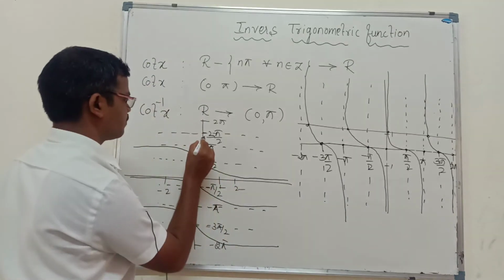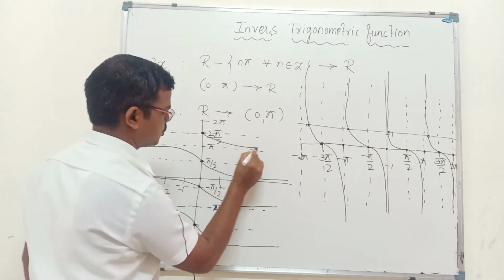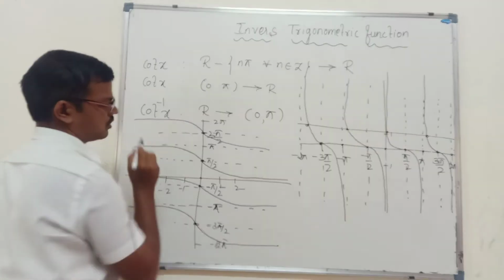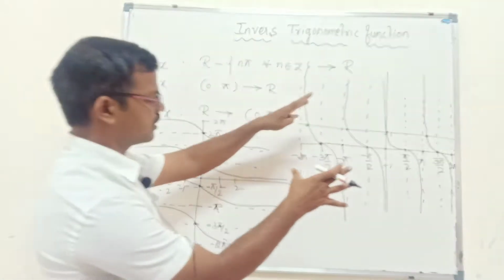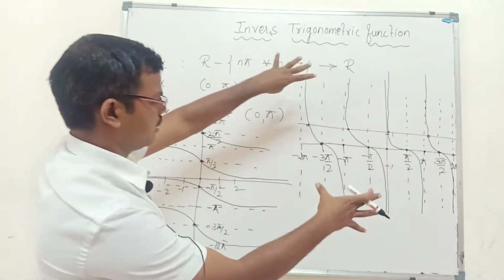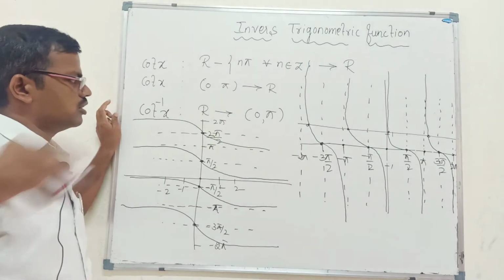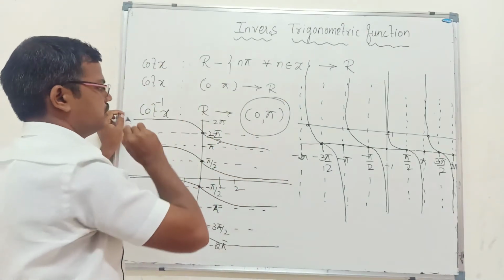The graph at 3 pi by 2, third quadrant, it is positive, and here we get like this. So this is the graph of the cot inverse x. Simply that is the reverse of this. Reverse of that is nothing but the cot inverse x. So this is called the principal branch range of the cot inverse x.